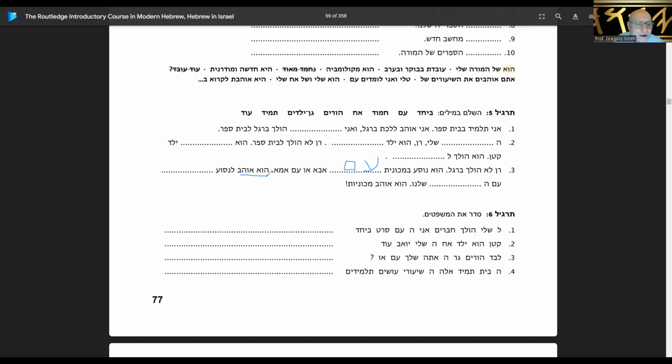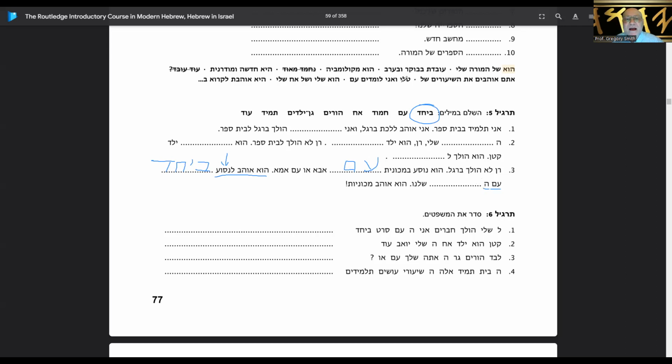Okay, so hu ohev linsoa. So he likes to travel. He likes to travel, blank, im. Who does he like to travel with? I bet you it's this one right here, b'yachad. He likes to travel together. Bayachad means togetherness. Linsoa, he likes to travel bayachad, im ha what?